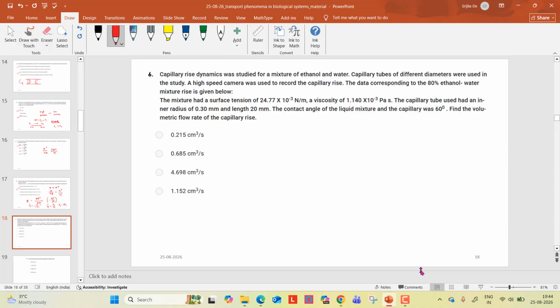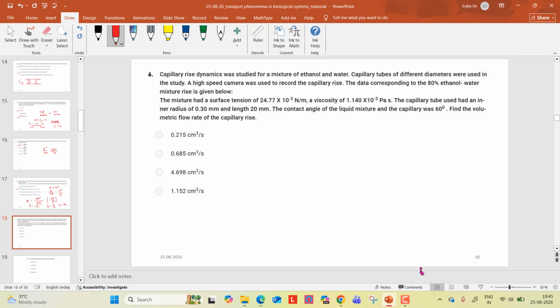Capillary rise dynamics was studied for a mixture of ethanol and water. Okay. Capillary tubes of different diameters were used in the study. A high-speed camera was used to record the capillary rise. The data corresponding to the 80% ethanol water mixture rise is given below.